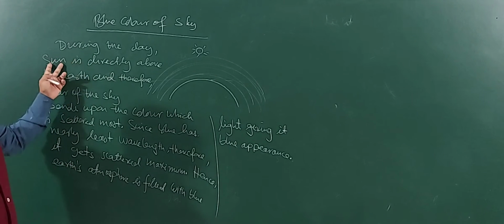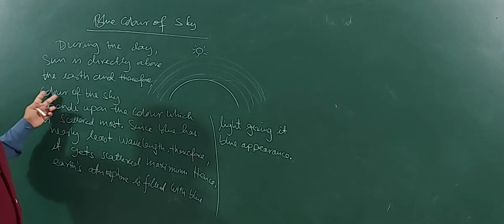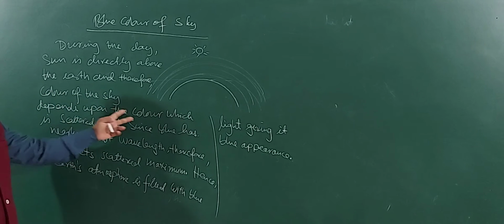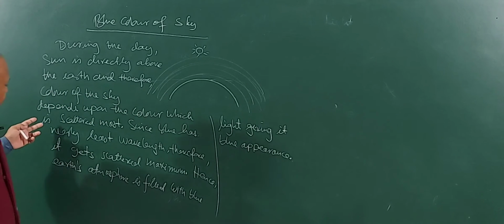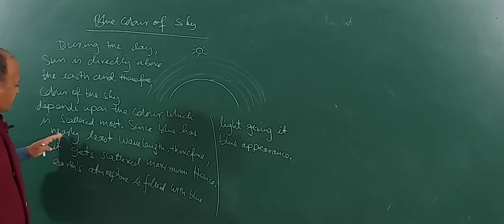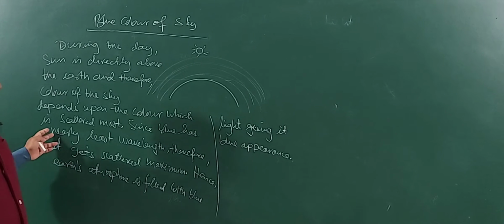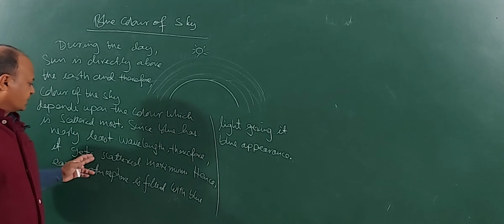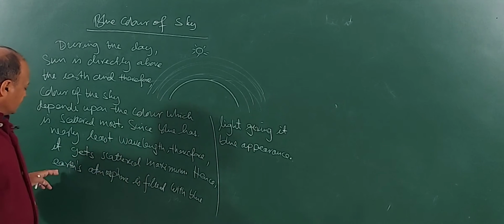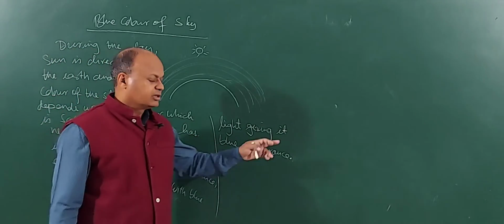During the day, the sun is directly above the earth, and therefore the color of the sky depends upon the color which is scattered most. Since blue has nearly least wavelength, I have said nearly least because it's not least, the least is in case of violet, therefore it gets scattered maximum. Hence, Earth's atmosphere is filled with blue light, giving it a blue appearance.